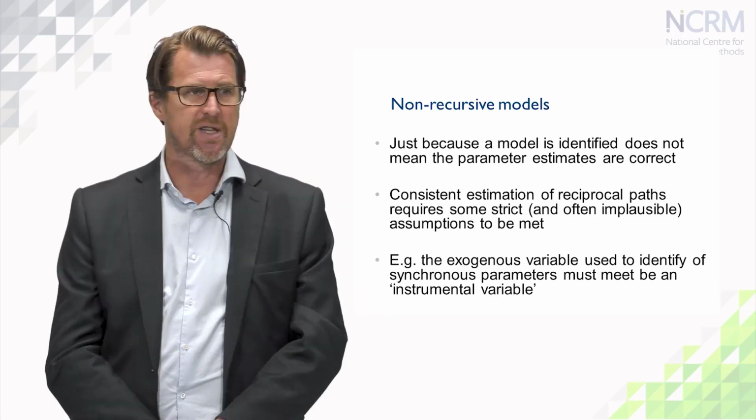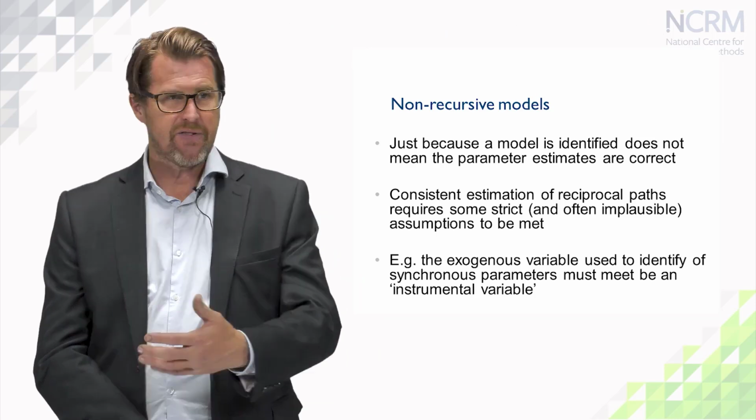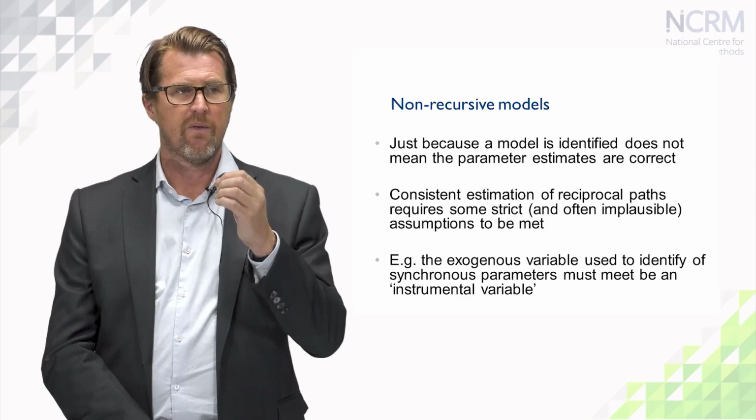So in particular, in this sort of context with reciprocal effects, we need to assume that we have some exogenous variables in the model that we can treat as instrumental variables.